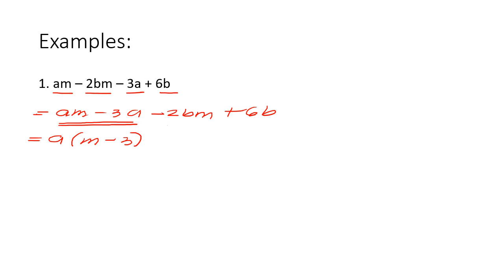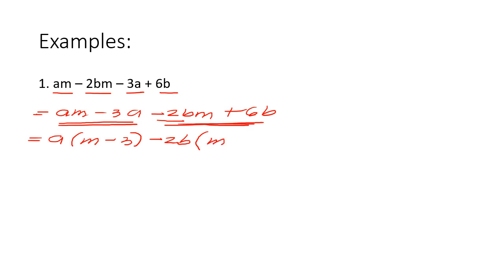For this term here, I could factor out negative 2b. Okay, so I will factor out negative 2b quantity, right? The one left here is only m.